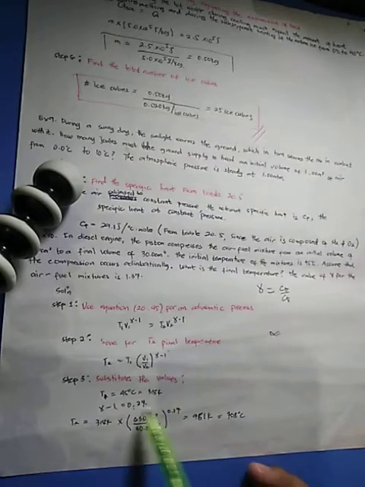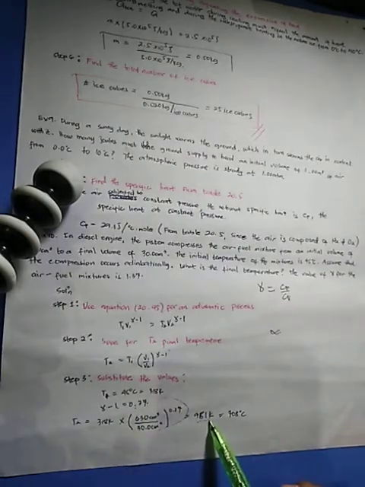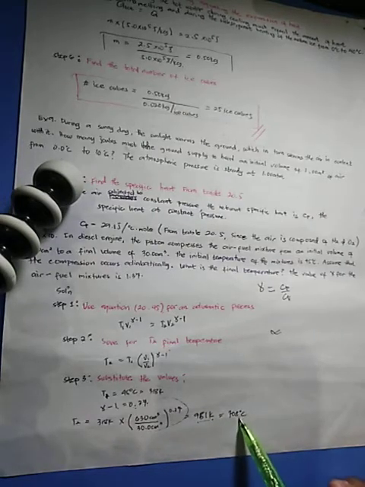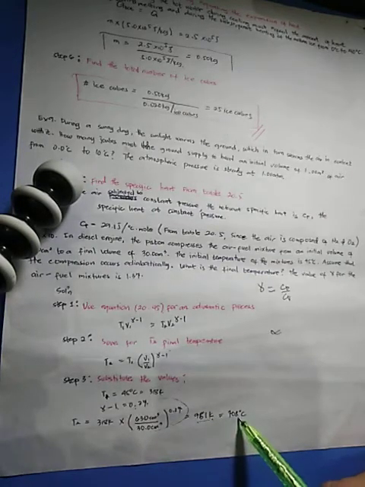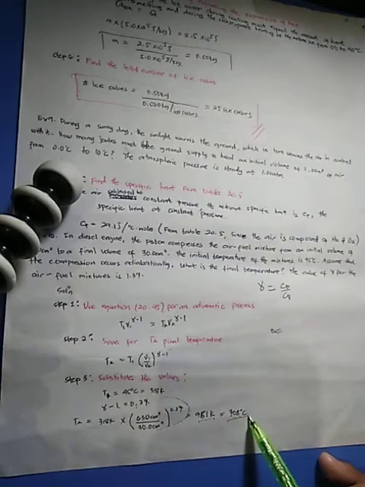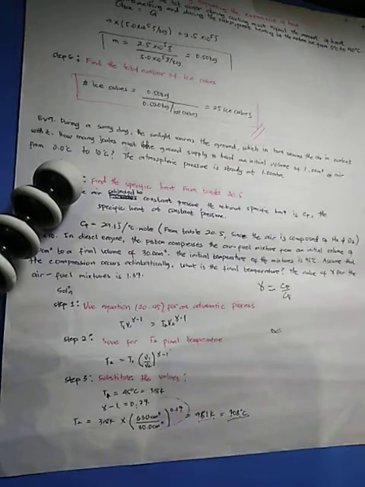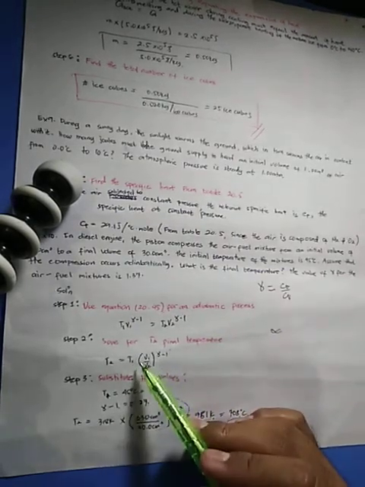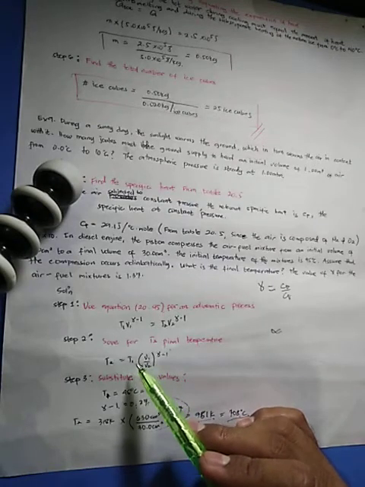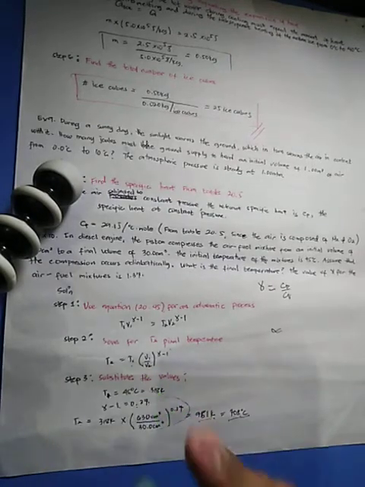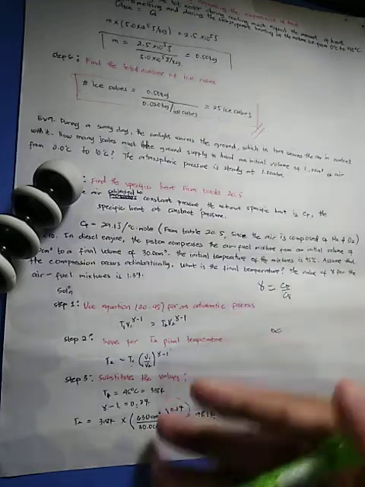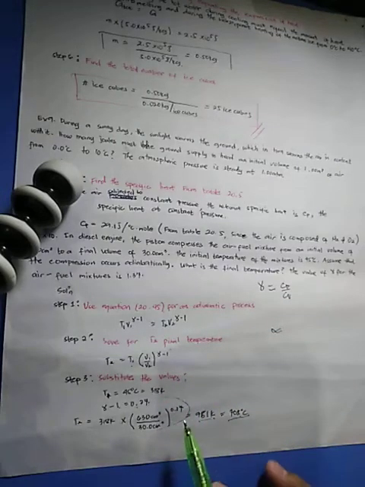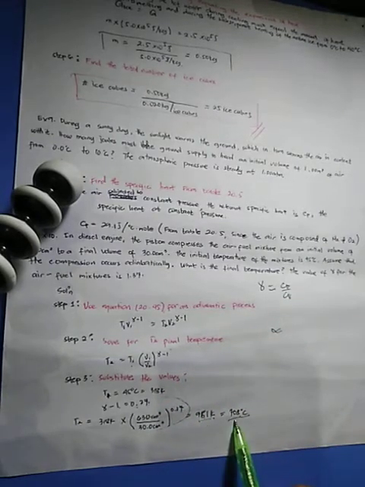Calculating this as a whole, we have 981 Kelvin, or converting it again into degrees Celsius, we have 708 degrees Celsius. So again, don't use degrees Celsius here; Kelvin should be used in order to use this equation. Only after that calculation do you convert the resulting Kelvin into degrees Celsius.